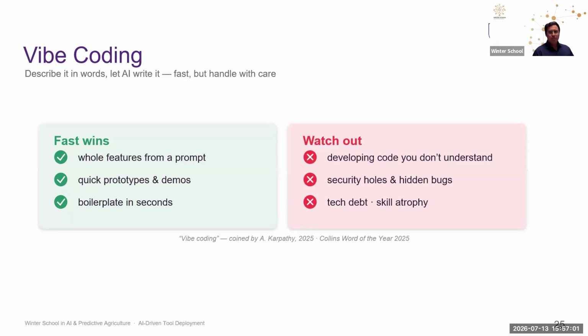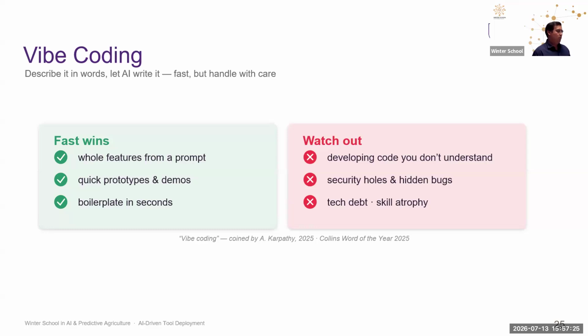There are a lot of benefits of doing this. You can have features that just come from a prompt. You could have quick prototypes, boilerplates in seconds, but you definitely need to watch out for things like developing code that you don't understand, security holes, and then maybe some sort of skill atrophy. I think the first one there, developing code you don't understand, is really relevant in a university context, right?